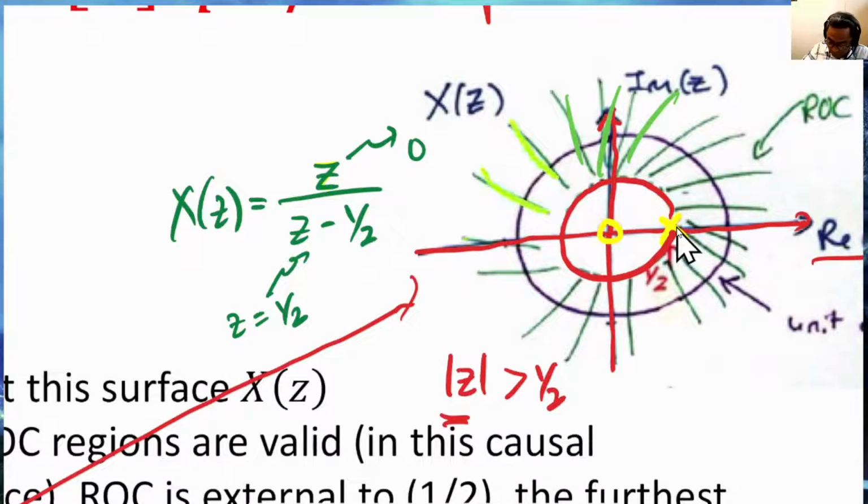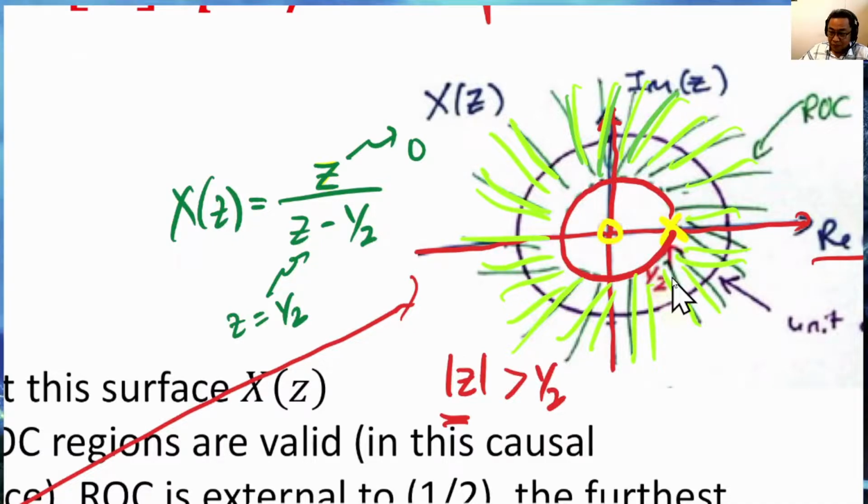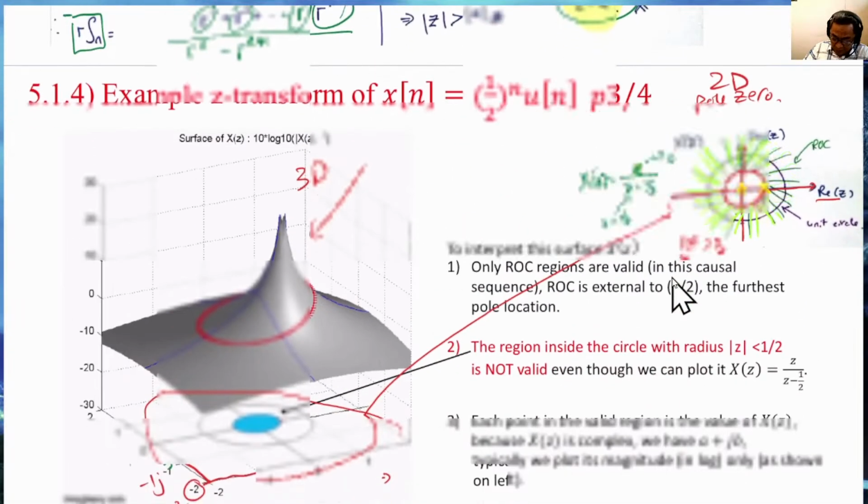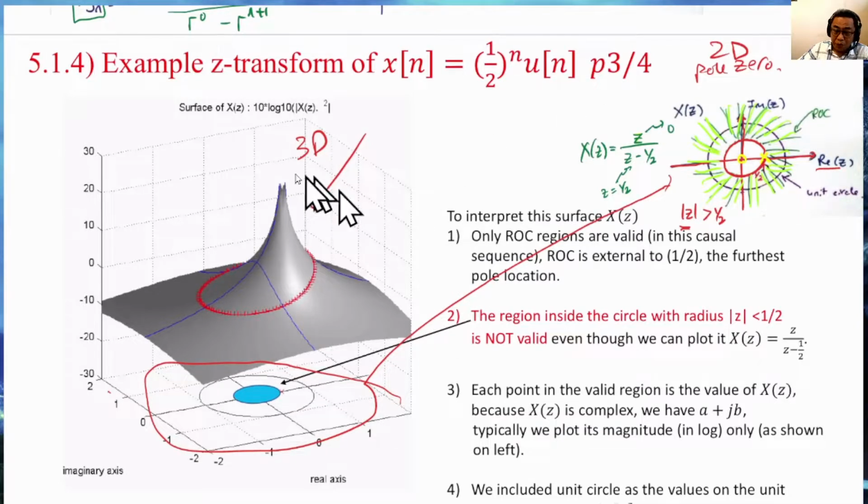These green lines are where the absolute value of z is greater than half. Any of the surface along these green lines are valid, so these green lines represent the regions of convergence for this X(z). With that, we now see how we can plot a 3D plot from X(z), as well as a 2D plot of the pole and zero diagram. Thank you.